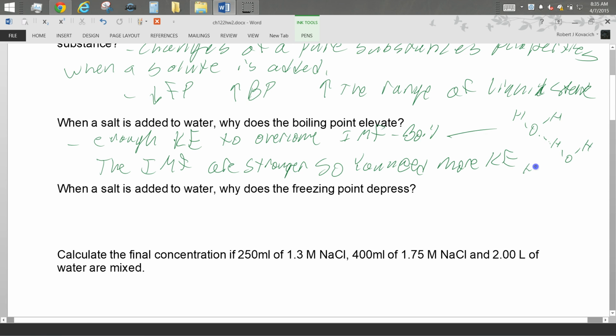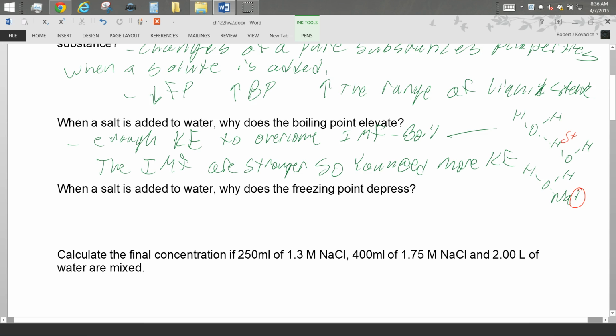Now it's a water molecule trying to break free of, say, a sodium ion. And so this H has a partial positive charge, where this sodium has a full-fledged plus charge.